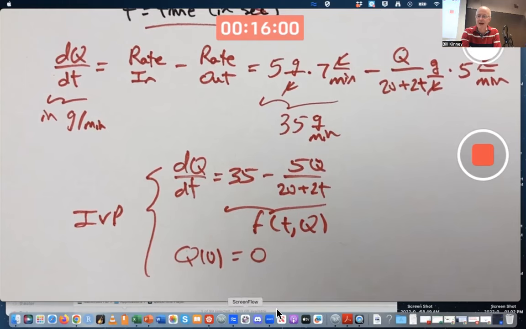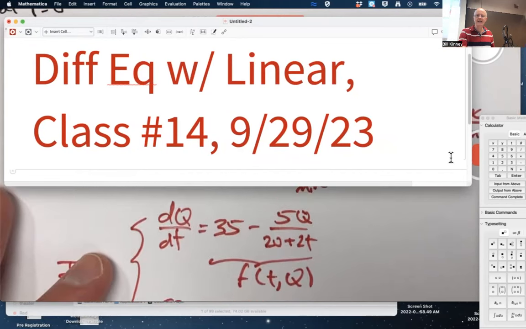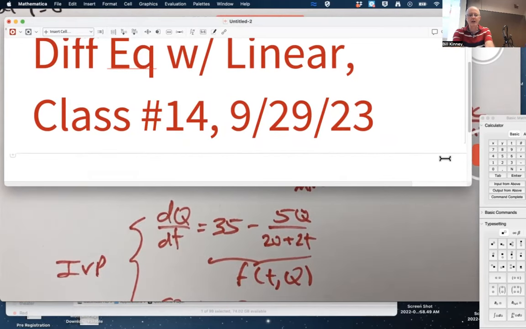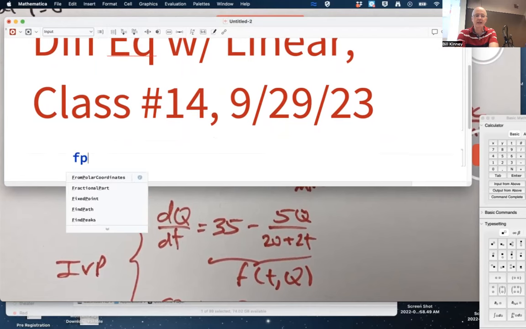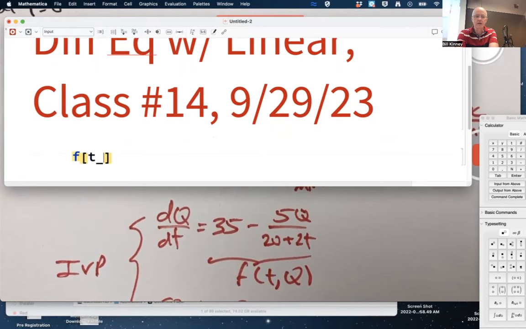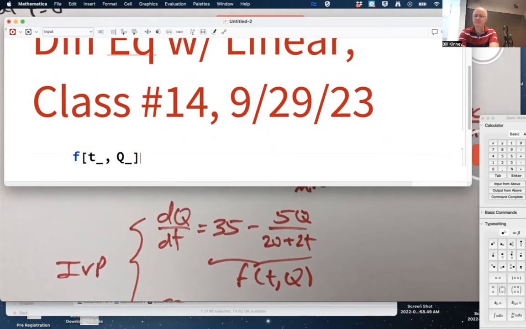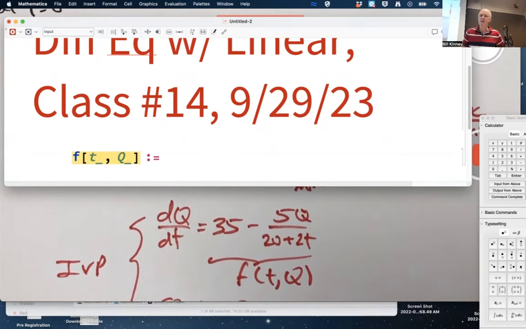But let's have Mathematica solve it for us. So I'm going to go ahead and do it this way. I'm going to go ahead, also for the sake of making a slope field, define a right-hand side function like that. And again, when you define functions in Mathematica, you've got to use underscores after the variable names when you first define it, but then after that, don't use underscores.